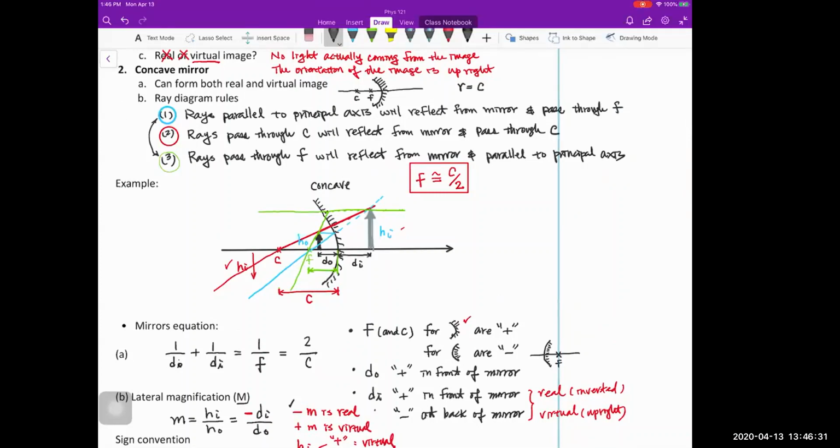Then you draw the line going through the F, or the line going through the C, and also the line coming in parallel and going through the F, which is this line here and this line here. So two lines are good enough to find a location.